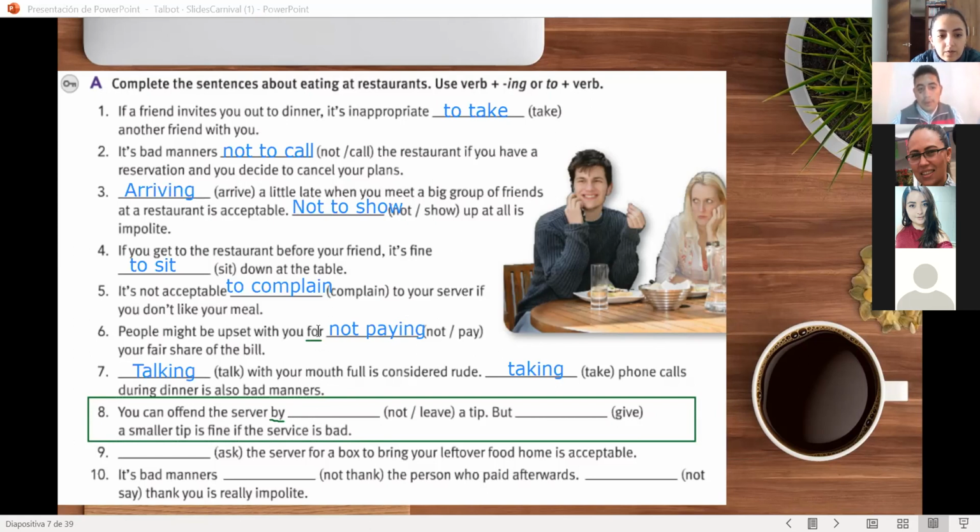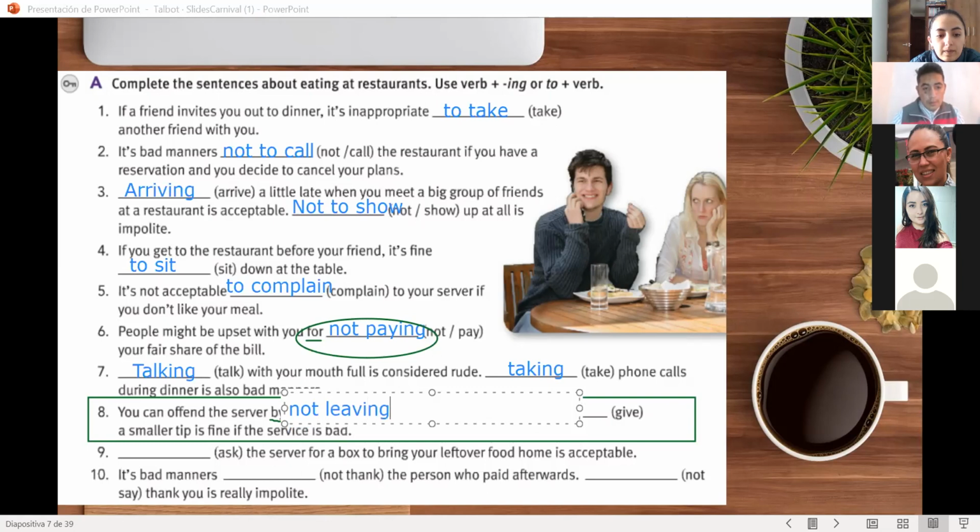Remember, we have a preposition. By not. Not to leave it. Mira cómo está la 6. Sería not leaving. Exacto. By not leaving a tip. Leaving. No dejar. Leaving a tip.